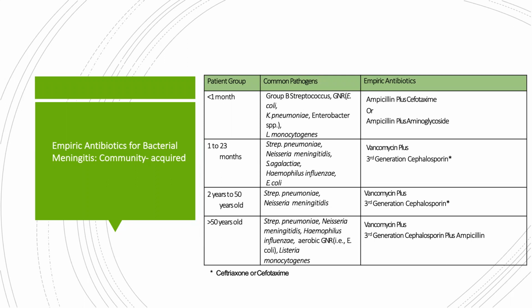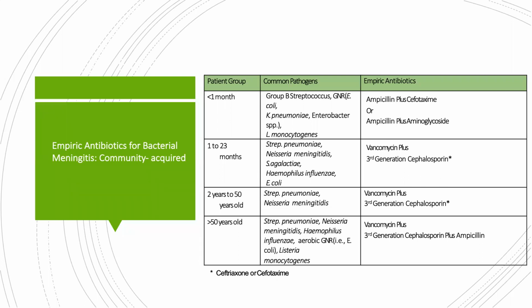So in 2 to 50 years old, we are once again here with our vancomycin plus our 3rd generation cephalosporin. So we can use vancomycin plus ceftriaxone or cefotaxime. And that is what we would do there for the reasons as previously explained. And then in individuals that are greater than 50 years old, we can use vancomycin plus our ceftriaxone or cefotaxime plus the ampicillin.